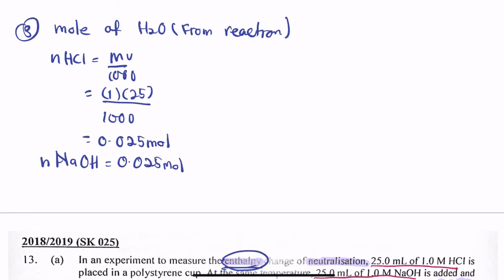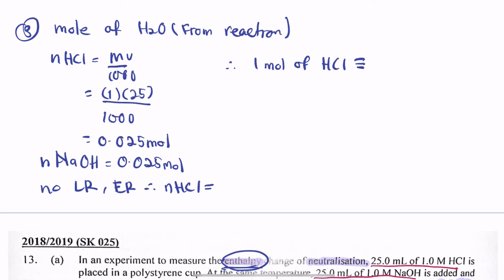Then you can compare with sodium hydroxide too, it's fine, because the number of moles is the same. There is no such thing as limiting reactant or excess reactant, because the moles are the same. Mole HCl equals mole NaOH.